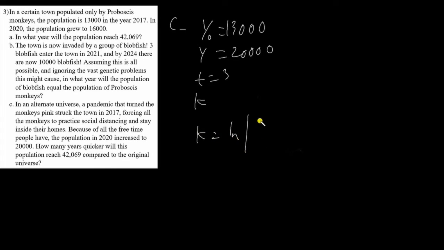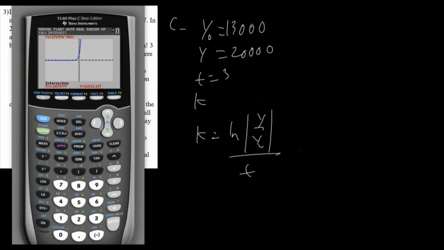So again, we know that the initial population is the same as 13. There's still 13,000. We know that now the final population is 20,000 in the same time of 3 years. So let's find out the new K value. So K is the natural log of Y over T. Pulling up our calculator.